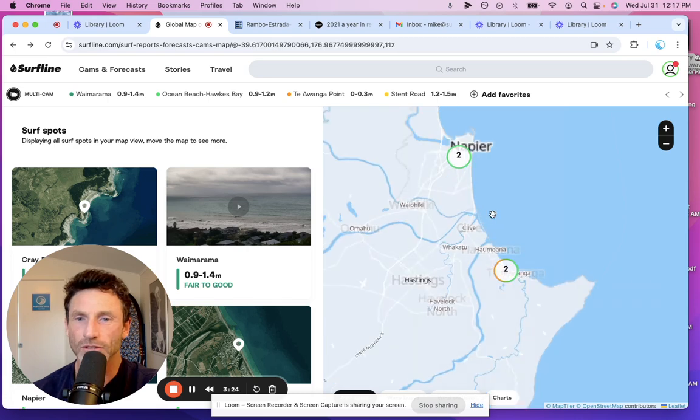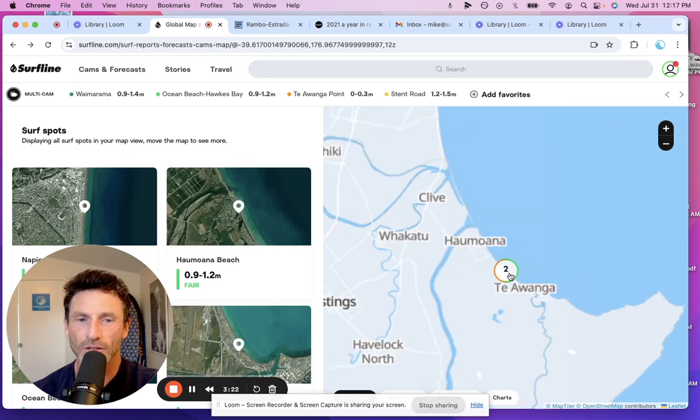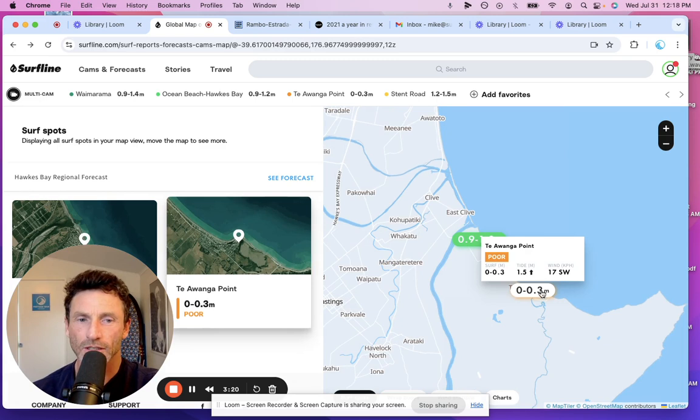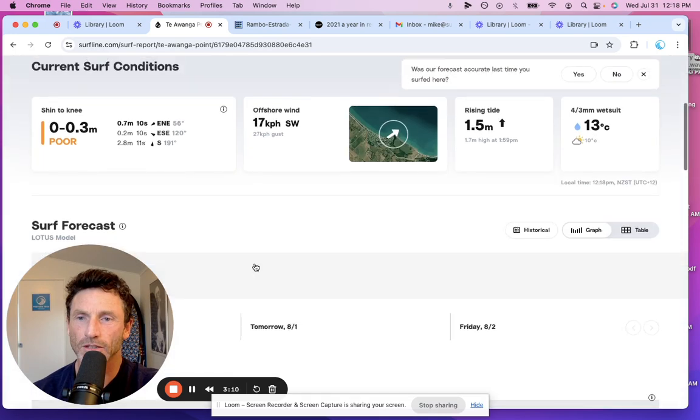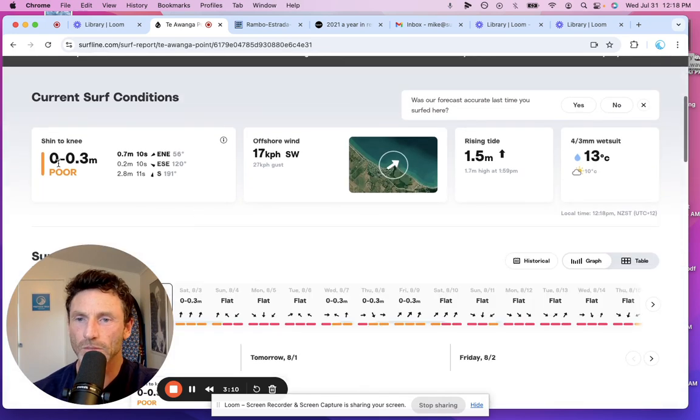So for example, if I click on this beach here, it's basically saying that it's flat. Okay, here we go. See where my mouse cursor is here. It's saying it's basically flat and it's poor.